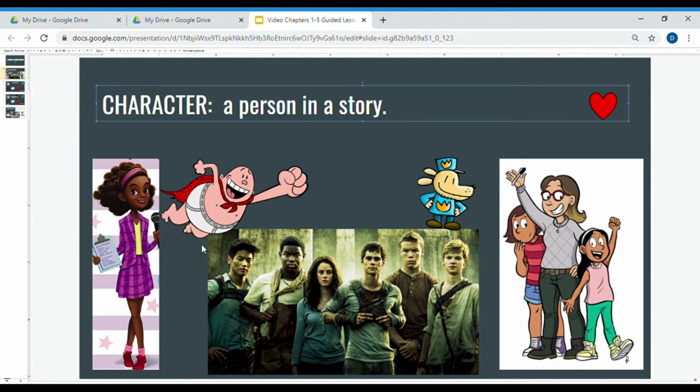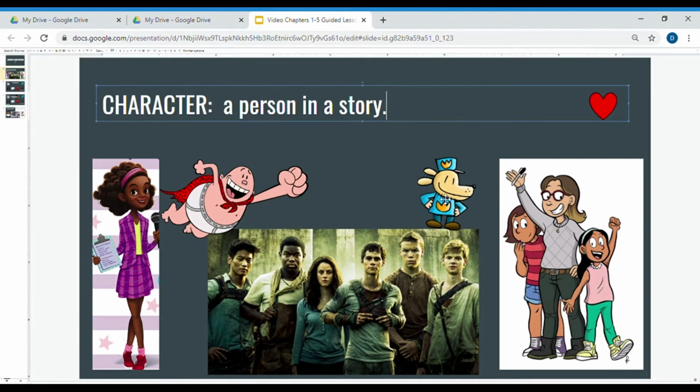We've got Brianna from President of the 6th Grade, and we have Captain Underpants and Dogman, and Katrina and Maya from Ghosts, and we also have our Maze Runner characters, including Newt and Gally and Thomas and Teresa and Frypan and Minho.